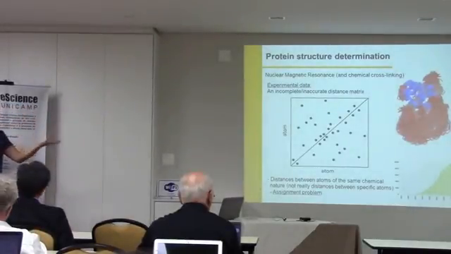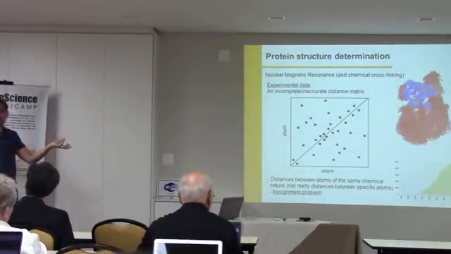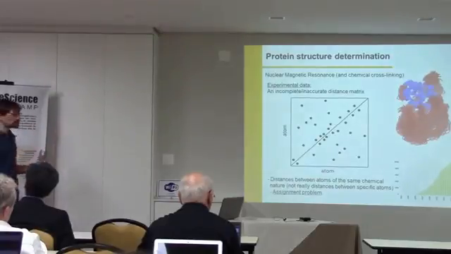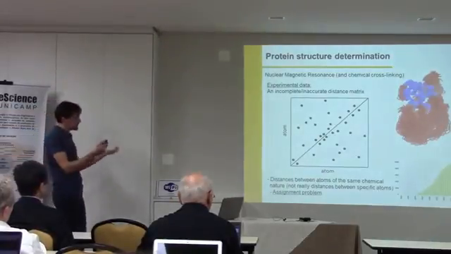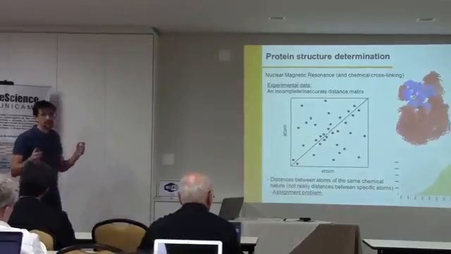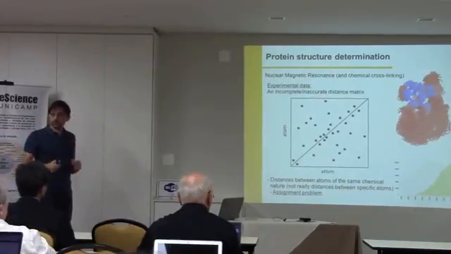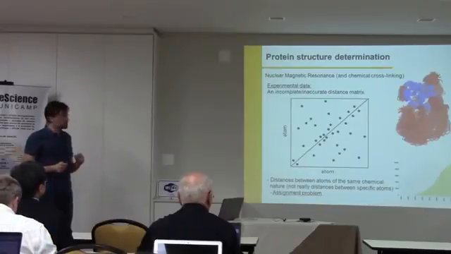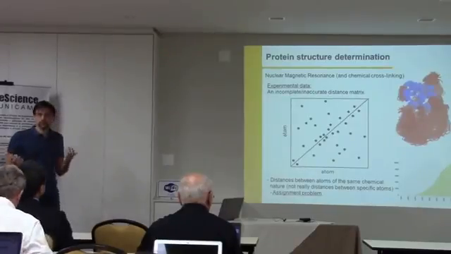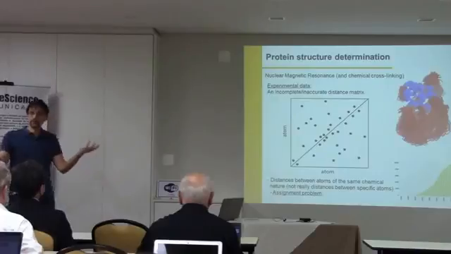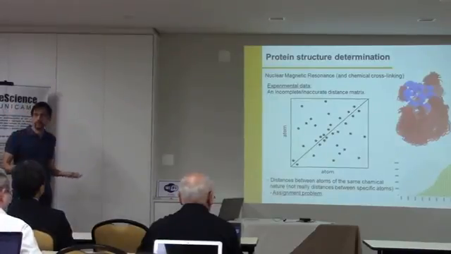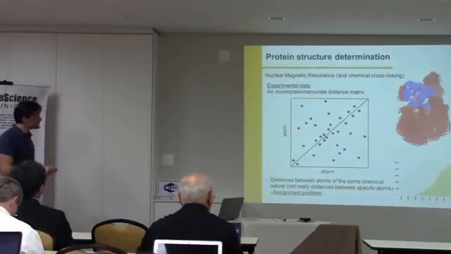For example, nuclear magnetic resonance experiments or chemical cross-linking experiments are methods that, in one way or another, provide us distances between atoms of our structure, which can be used, in principle, to obtain the three-dimensional model of that structure.